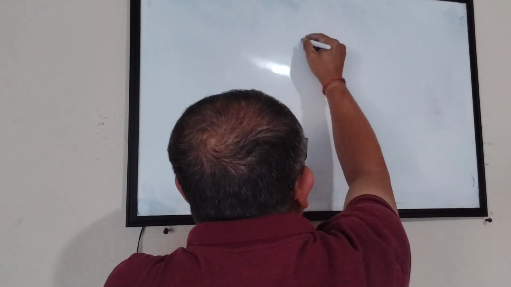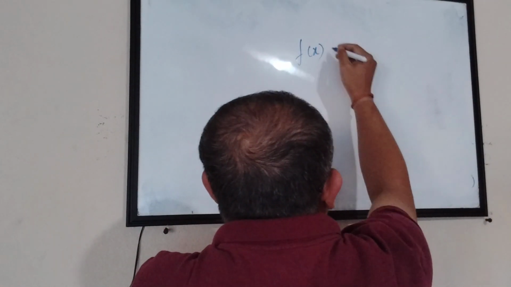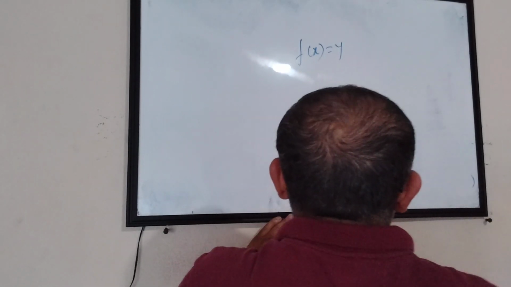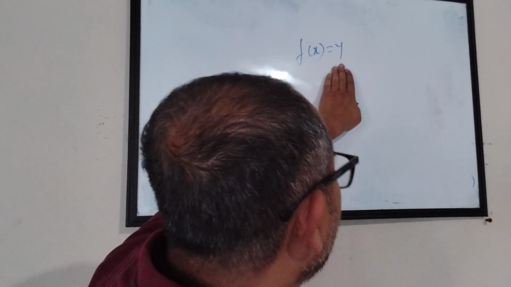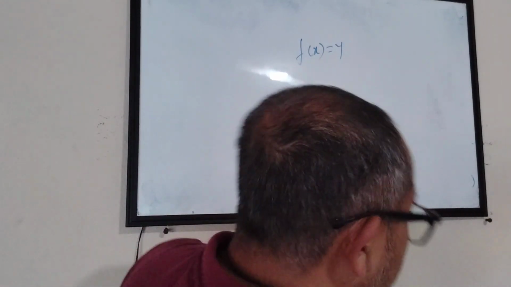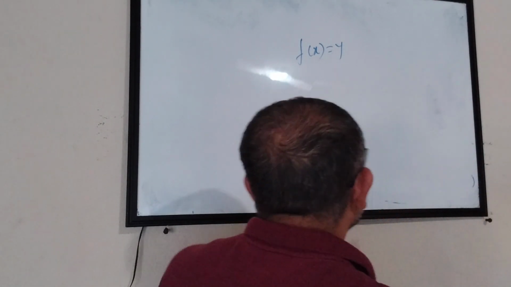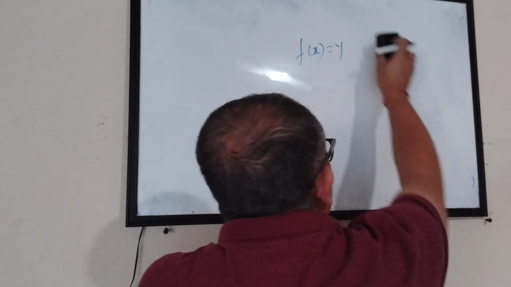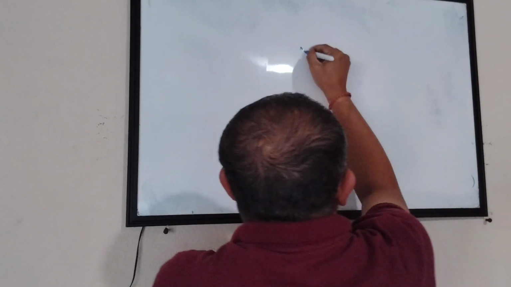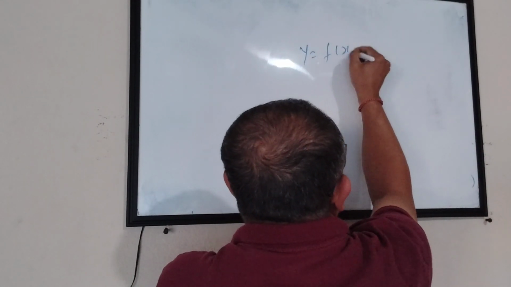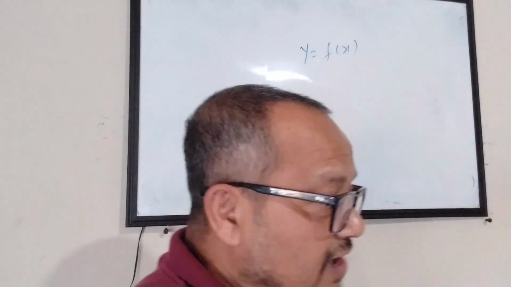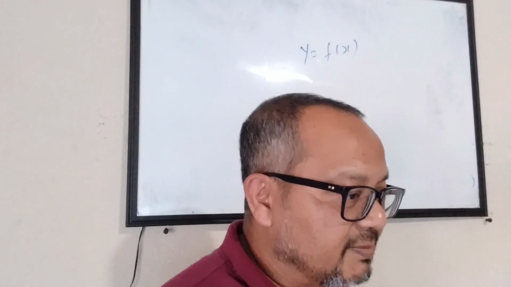Let's say if I say function of x equals y, here I am saying y is dependent on the value of x, and how is what I have not described here. So you can always say f, a short form for function. So I am saying y is a function of x. If I just say this, that will not be enough. That will be very confusing, right?